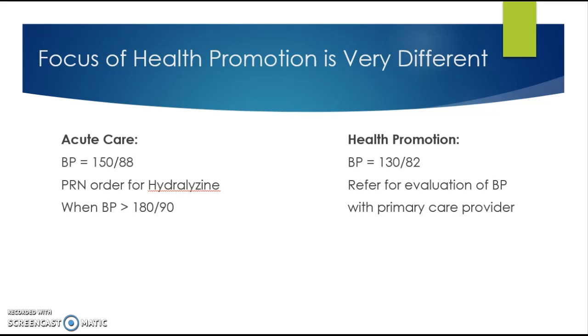Whereas if you were to take the blood pressure of a patient at a health promotion clinic, if their blood pressure was 130/82, we would go ahead and refer them for evaluation of their blood pressure with their primary care provider.